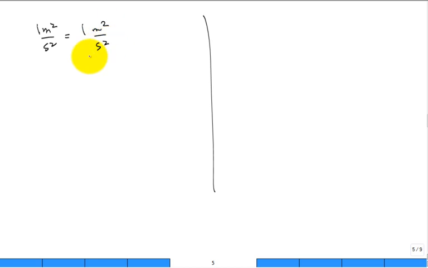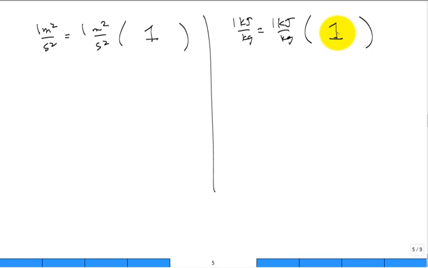Leave the left-hand side alone, manipulate the right-hand side, and get the relationship you want. Or you can start with 1 kilojoule per kilogram is equal to 1 kilojoule per kilogram. Leave the left-hand side alone, manipulate the right-hand side by always multiplying by 1, unit conversions, and get the conversion factor that you want, the right conversion.